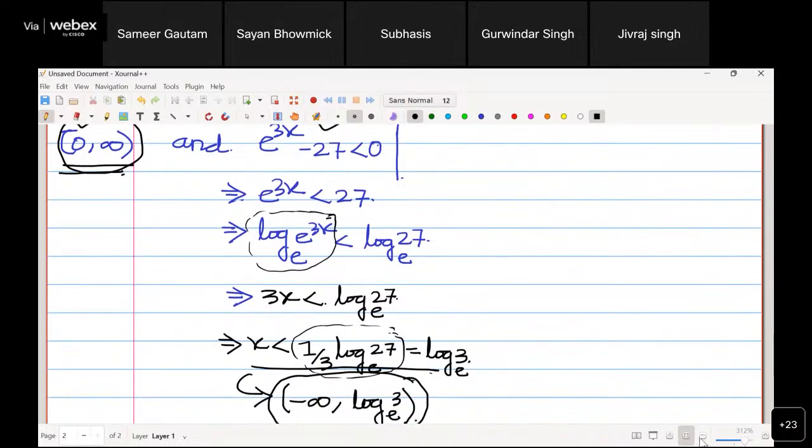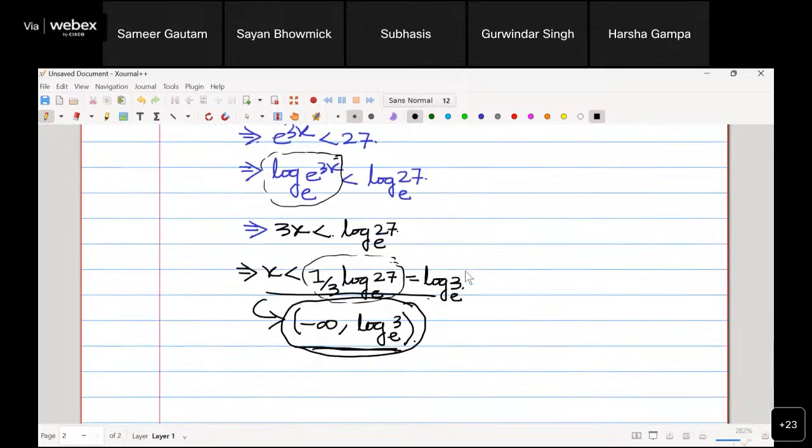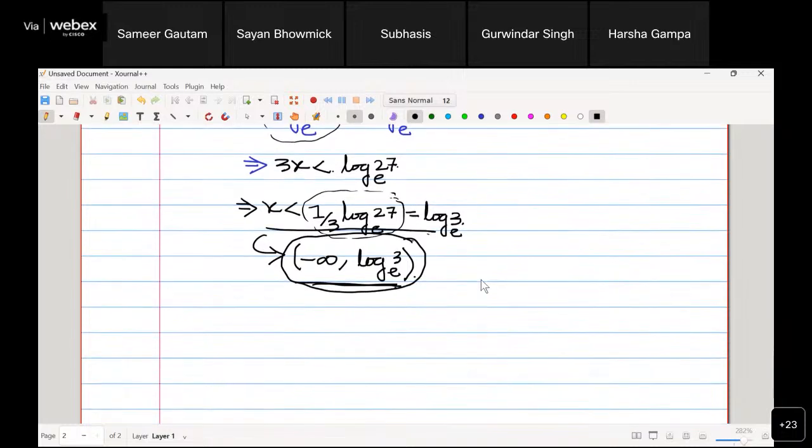0 to ln 3. So basically I have to take the intersection of these two regions.